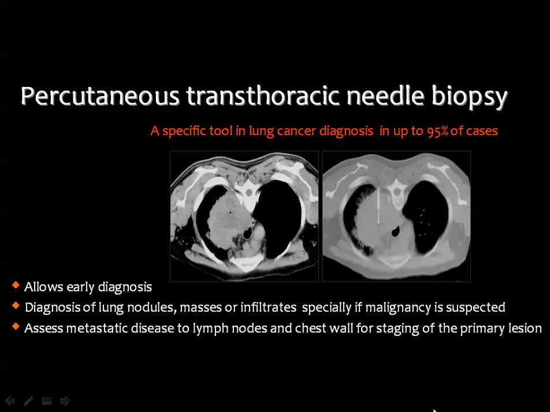One of the most important diagnostic tools in the management of bronchogenic carcinoma is the percutaneous transthoracic needle biopsy. And why do we do the biopsy?